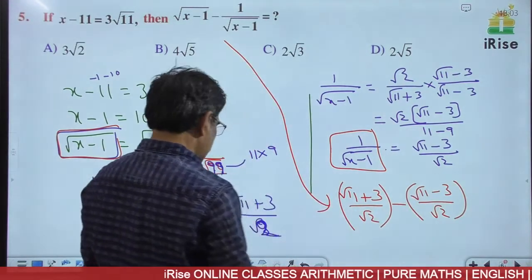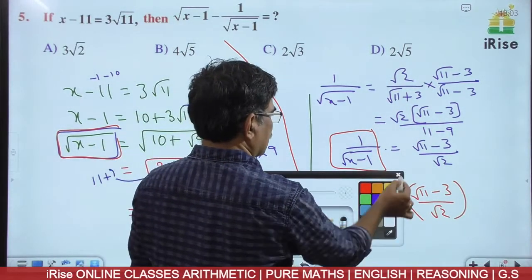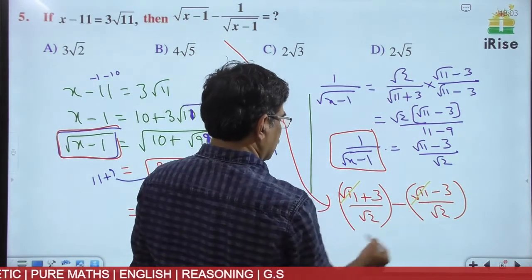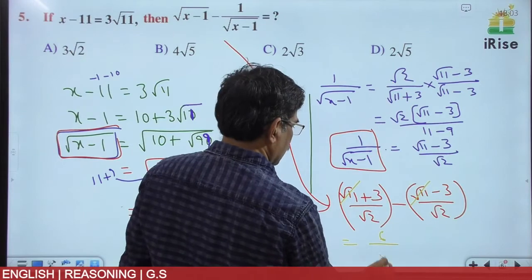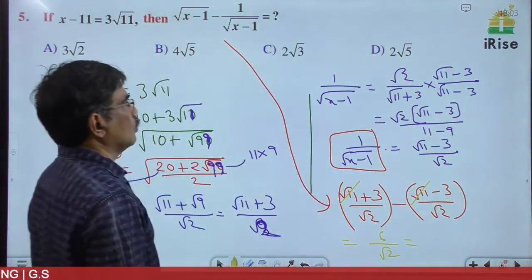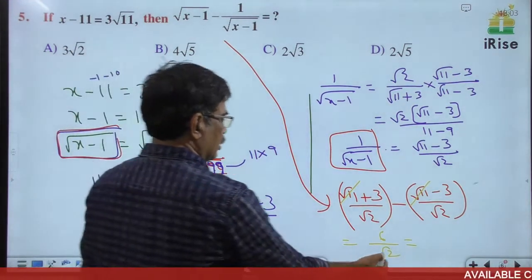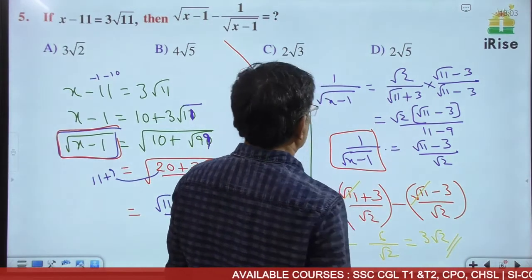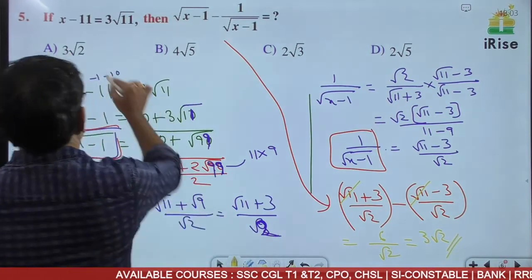Here root 11 gets cancelled, 3 minus minus 3 is 6, so 6 by root 2. So what is 6 by root 2? Simply, 2 3s are 6, so 3 root 2 is the answer for this question. The answer is 3 root 2, first option.